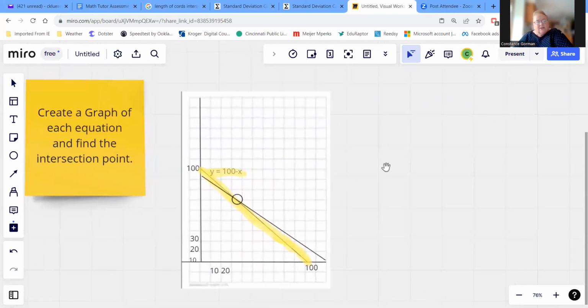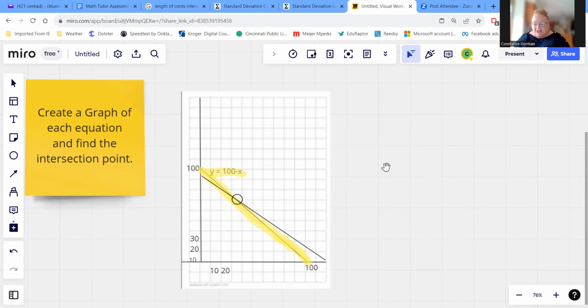Okay, so the line in yellow is our easy equation, y equals 100 minus x. I graphed that because that one was easy. The y-intercept is 100. And the x-intercept, remember, you make y 0, so x would have to be 100. So that was pretty easy to graph.